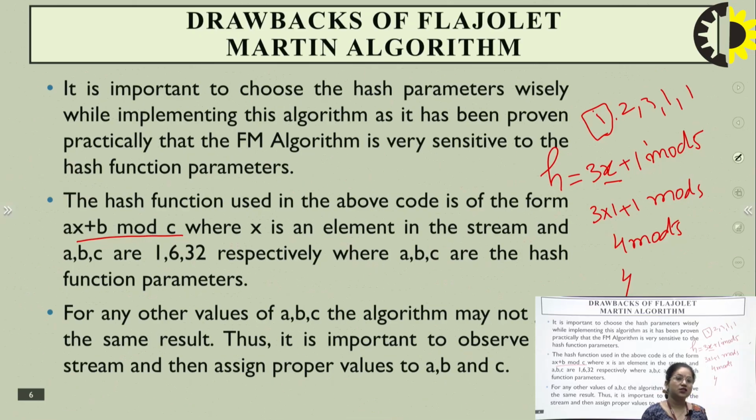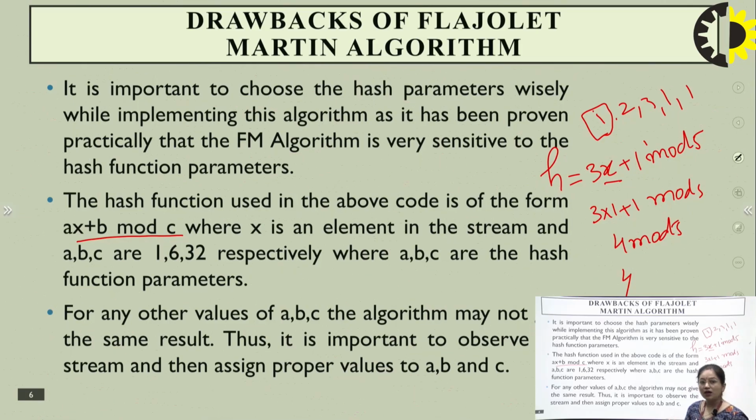So this is how we apply the hash function, and it will be given in the form of ax plus b. Anything can be given, like 1, 6, 3, 2 and so on.